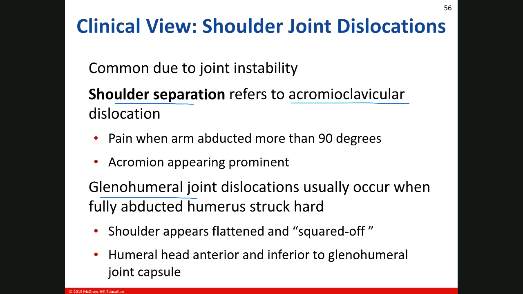And like I said, when that occurs, you're going to see almost a drop-off configuration on the person's shoulder. I would much rather separate my acromioclavicular joint than actually dislocate my glenohumeral joint.